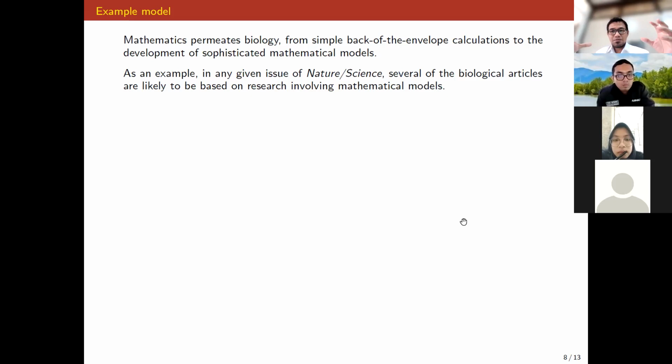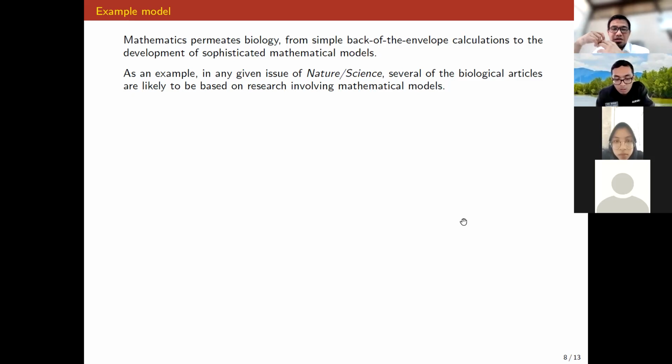But the equations themselves have to have a biological meaning. So that's why mathematics permeates biology. Whether it is simple calculations, simple models, or sophisticated models, of course we still need biological concepts and biological theory in the models.